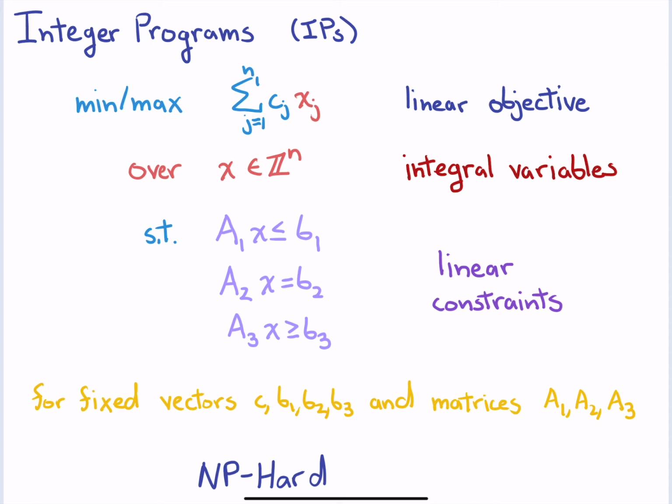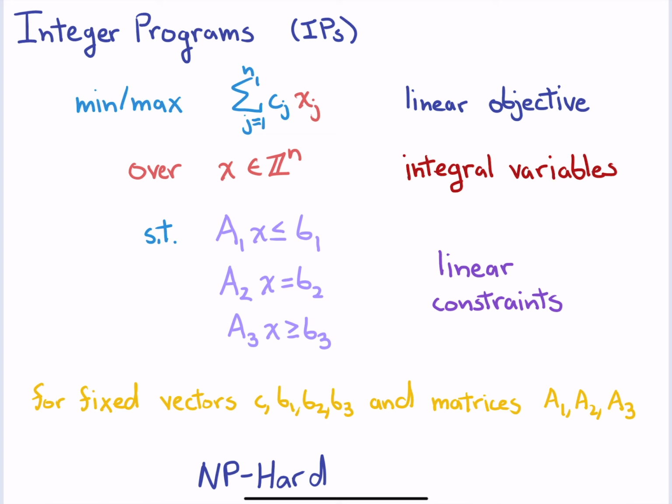You might be trying to minimize or maximize some weighted sum. Maybe setting x_j for a variable is like buying an object and setting it to 0 is not buying it, and the c's are costs, so you want to get a minimum cost. There's some kind of quantitative objective that's a linear function, a weighted sum of the variables x.